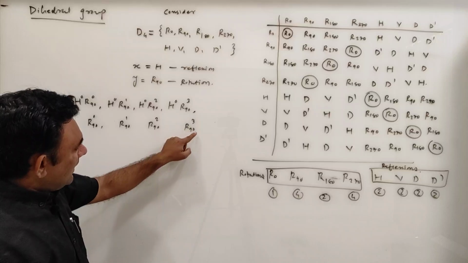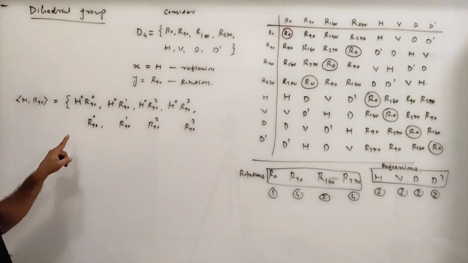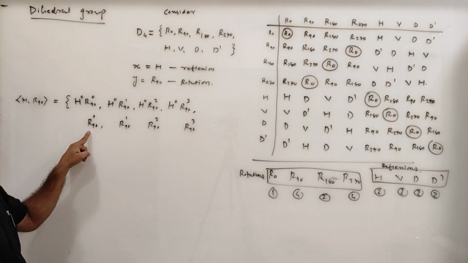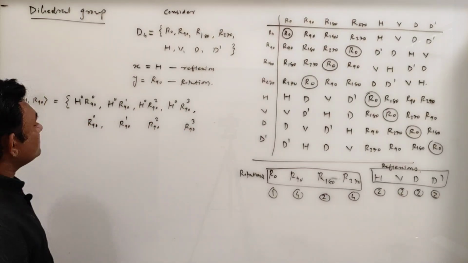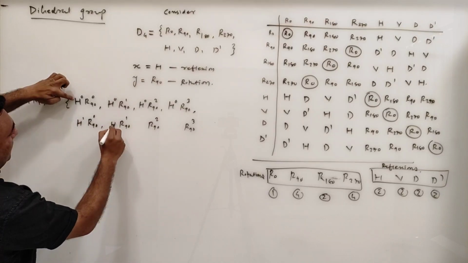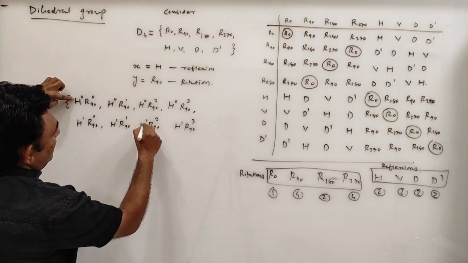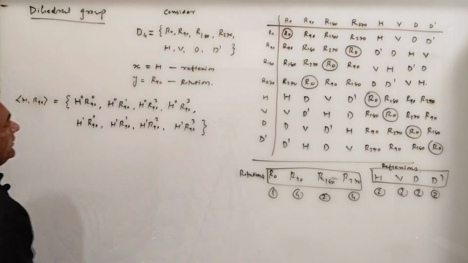If I consider r90 raised to 4, then I will get identity, and r90 raised to 0 is identity, so I get the same element back. So I consider only the powers 0, 1, 2, 3. Now I will multiply h raised to 1, h raised to 1, h raised to 1 and h raised to 1. No need to write 1, but just for the pattern I am writing this.